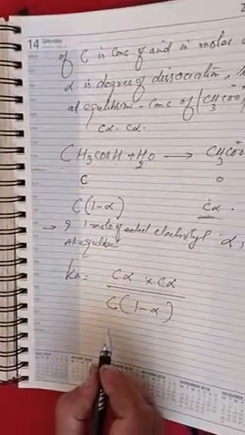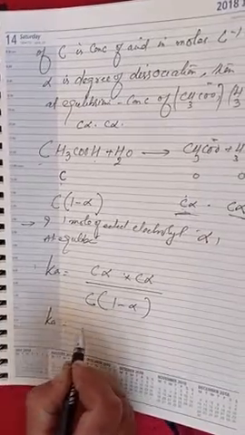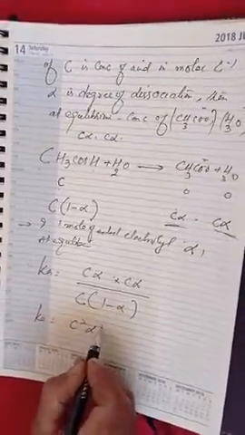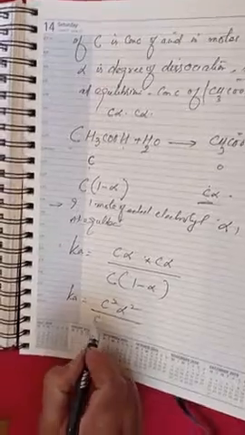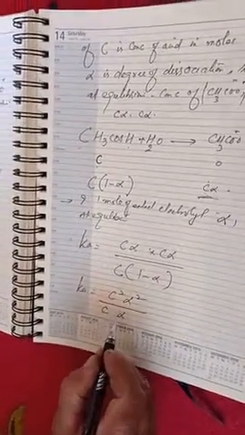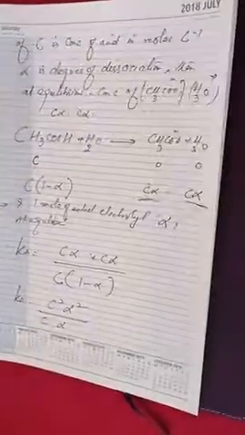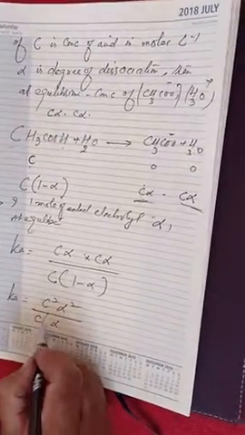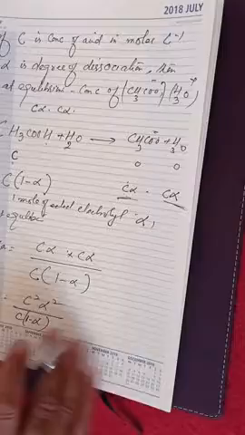That is, Ka is equal to C square alpha square divided by C into 1 minus alpha.